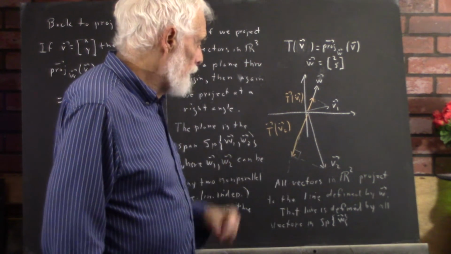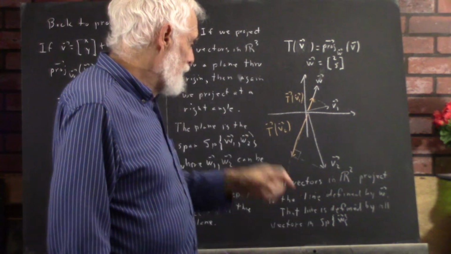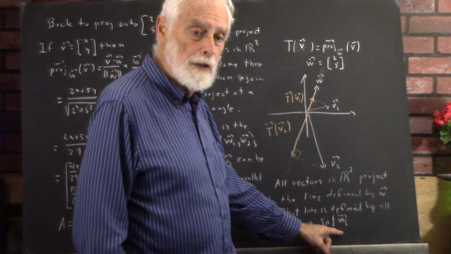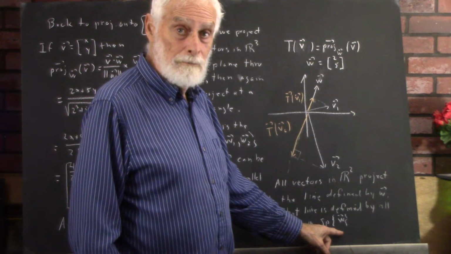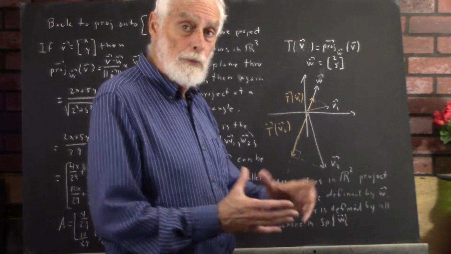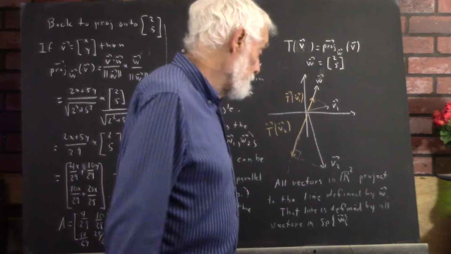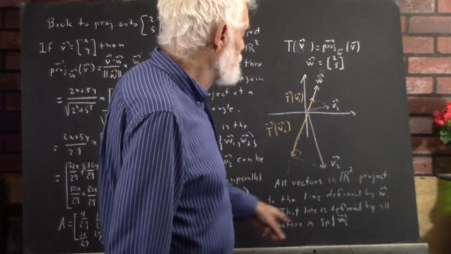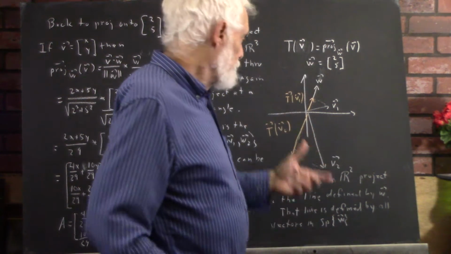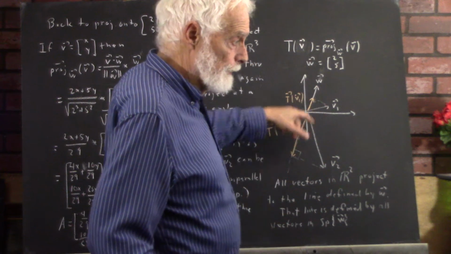Now what I mean by the line defined by w is that line is defined by all the vectors in the span of the single vector w. In other words, the span of the single vector w is all the scalar multiples of w. And those scalar multiples all lie along this line, with the convention, of course, that the initial point of the vector is at the origin.